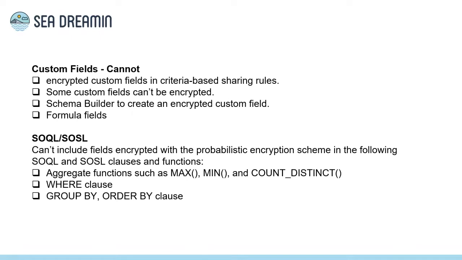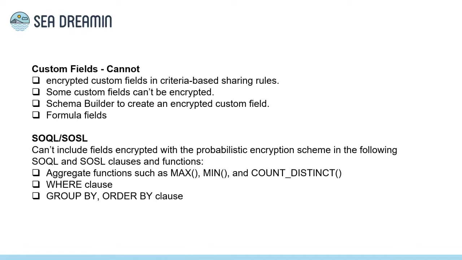Encrypted fields are not supported in criteria-based sharing rules, schema builder, and external objects. For formula fields, not all the functions are supported by encryption. In SOQL and SOSL, we cannot include aggregate functions in the query. Also, the where clause is not supported, as we have discussed earlier, and group by and order by are also not supported.